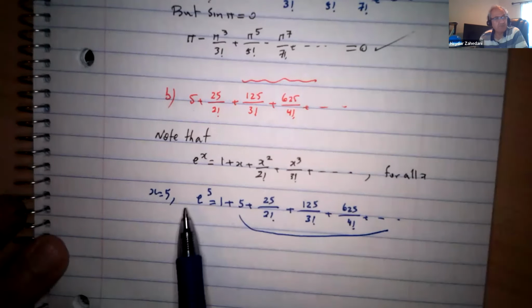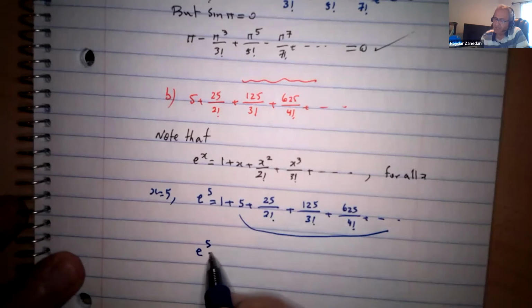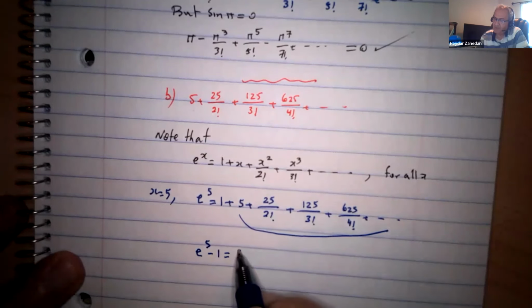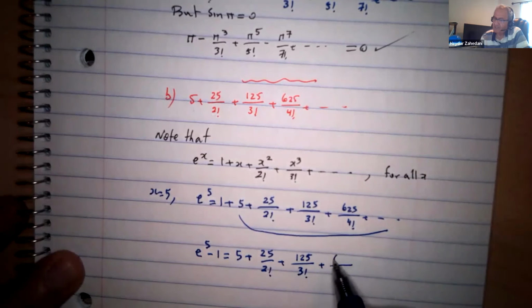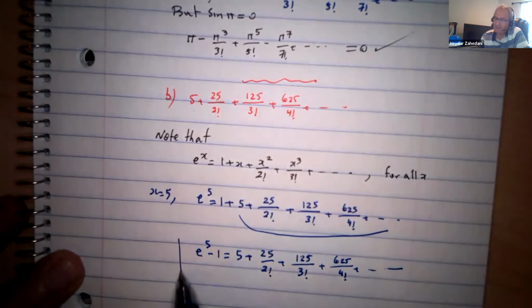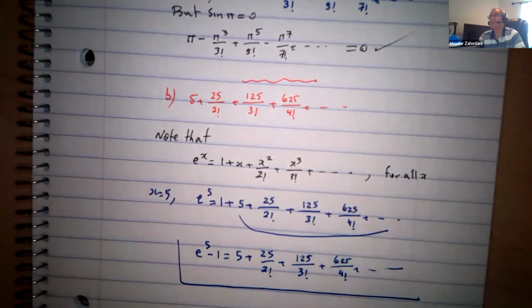So subtract the 1. That gives you e to the fifth minus 1 is equal to the sum of the series that you are interested in: 25 over 2 factorial, 125 over 3 factorial, 625 over 4 factorial, etc. So the sum of your series is e to the fifth minus 1.